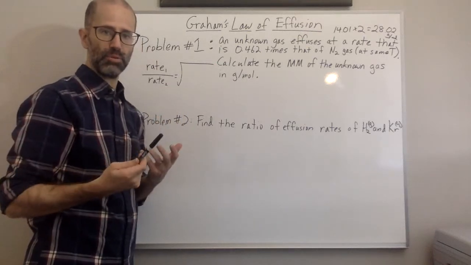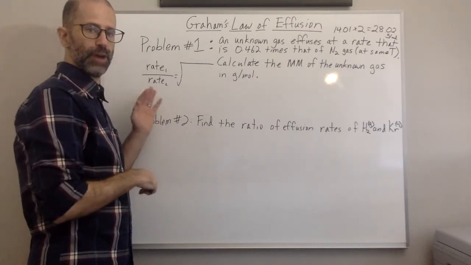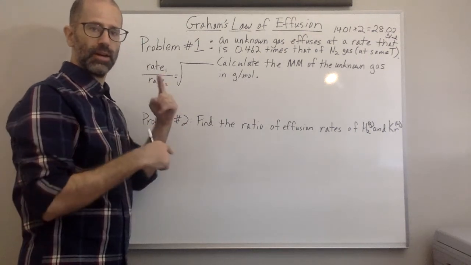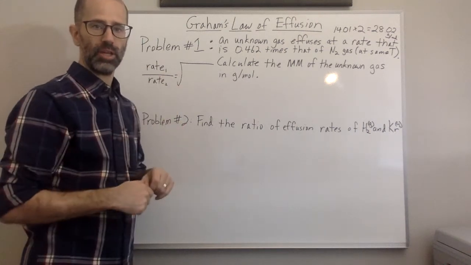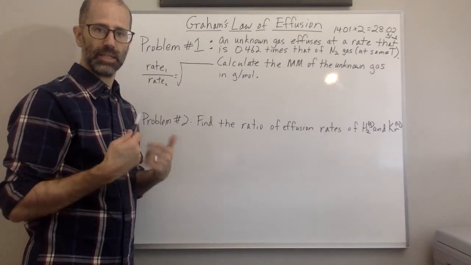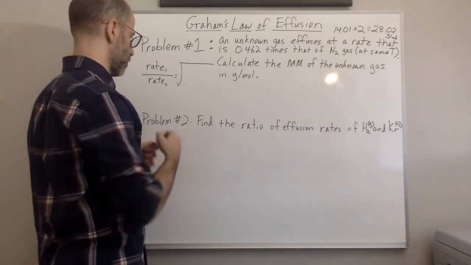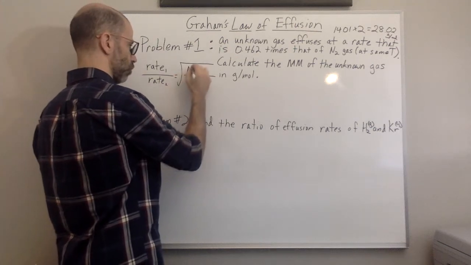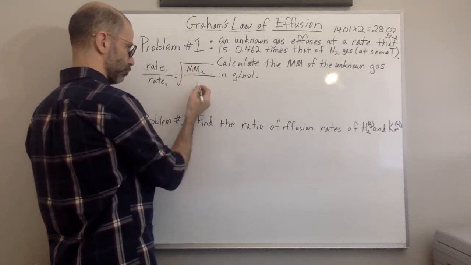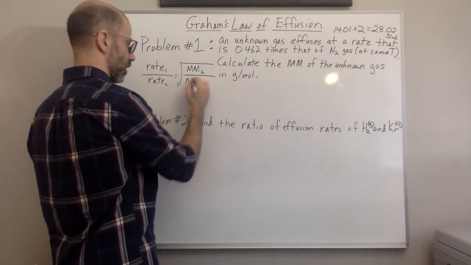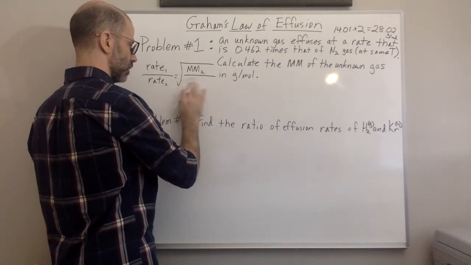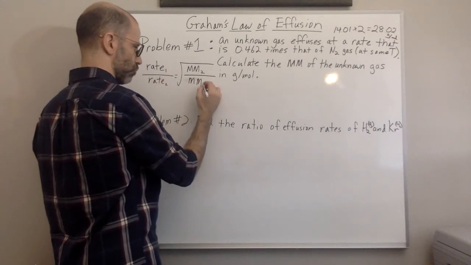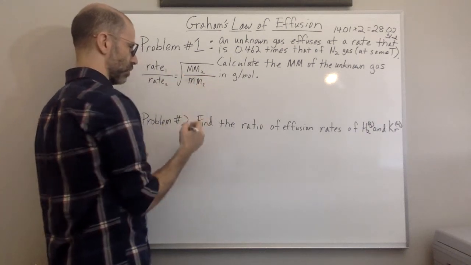What I said before, when you're dividing the rate equations, you get the reciprocal of the molar masses. I explained that in our last video. So the molar mass of gas 2 is going to be on top, and the molar mass of the first one is going to be on the bottom.